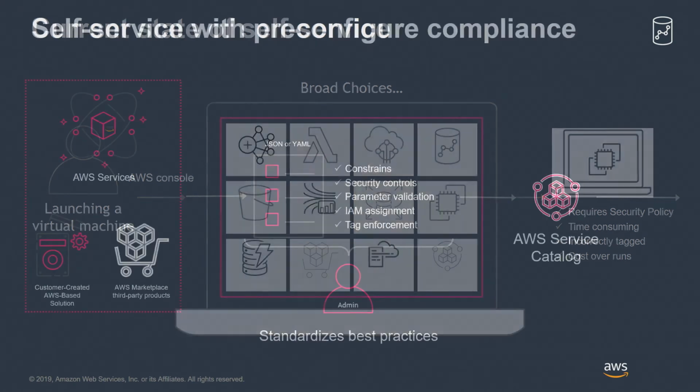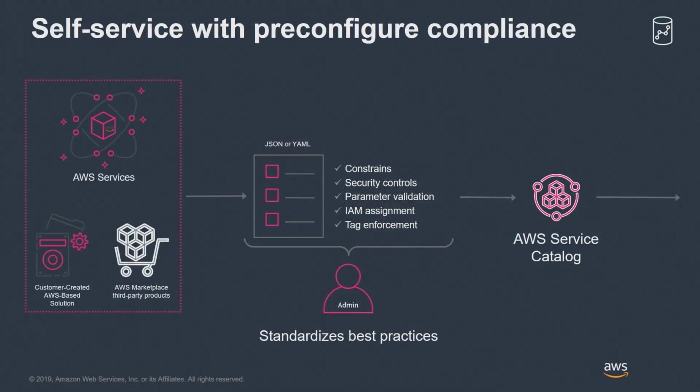So what we do is we define infrastructure as code. Basically, any CloudFormation template or Terraform, you package those, you create something that we call a product, and that product gets into a portfolio. A portfolio, you can think about like a folder.